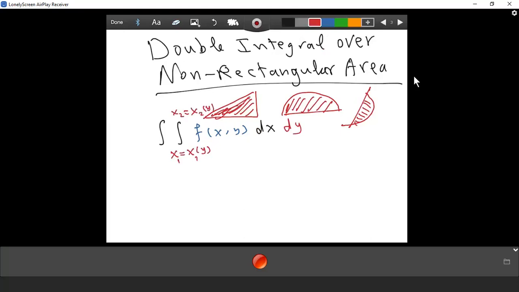But the outside integration will always, or in most cases, be constant, so I call it y from c to d. If you can integrate with respect to x first, you have no problem.